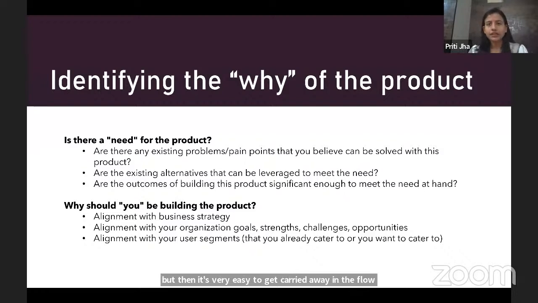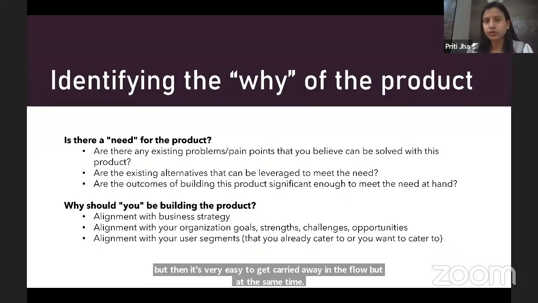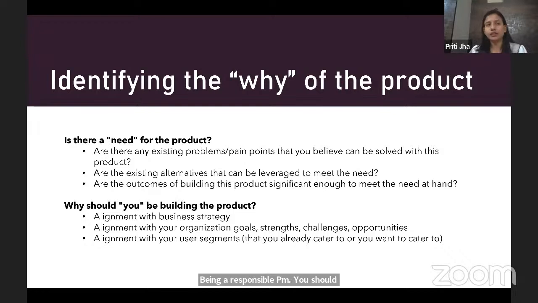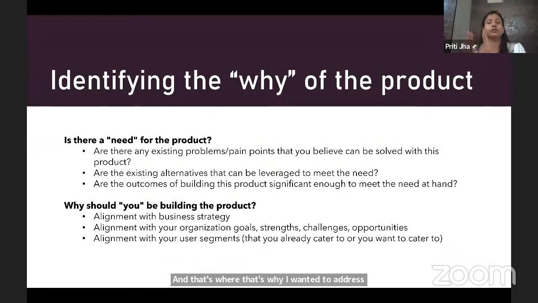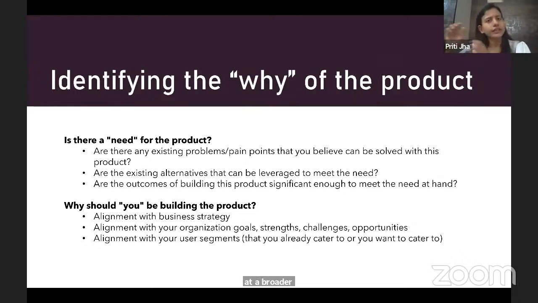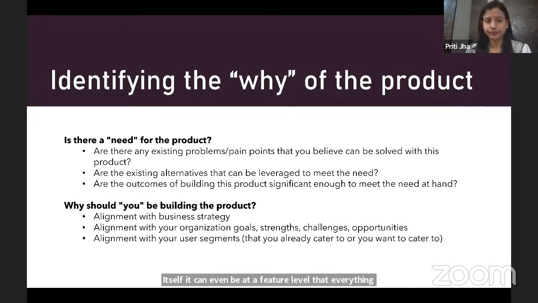At the same time, being a responsible PM, you should understand whether it is even needed. That's why I wanted to address the why of the product. And when I say the why of the product, I want to focus at a broader level. That is the product itself. It can even be at a feature level, at everything that you're doing day-to-day as a PM.